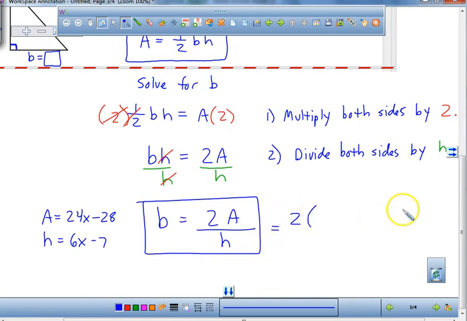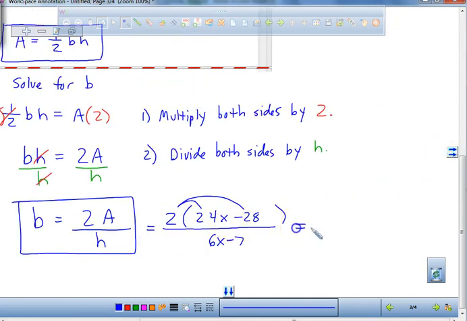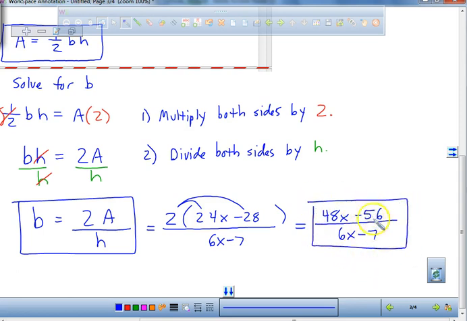Do 2 times my area, and my height. We're going to distribute the 2. That gives us 48x minus 56 over 6x minus 7. Now we're going to figure out what the answer is.